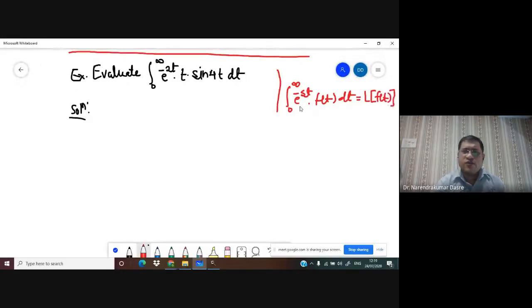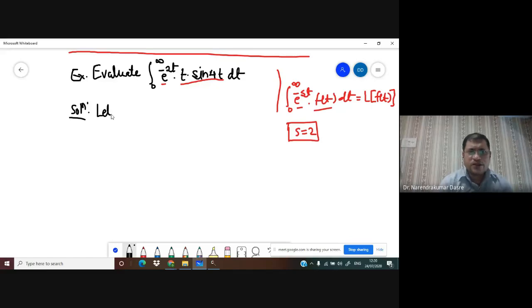Okay, so we have e raised to minus st. So if I have e raised to minus st term, then what I'll get is s is equal to 2. Okay, and this entire function becomes function of t only. Okay, so in the preliminary stages, if you identify this, then your problem is almost solved. Okay, so the only thing is now we have to write this solution properly.